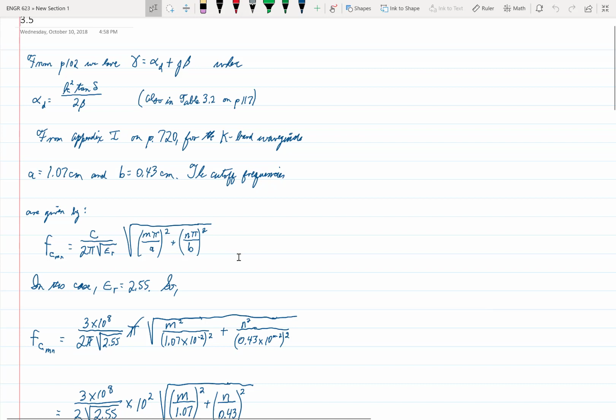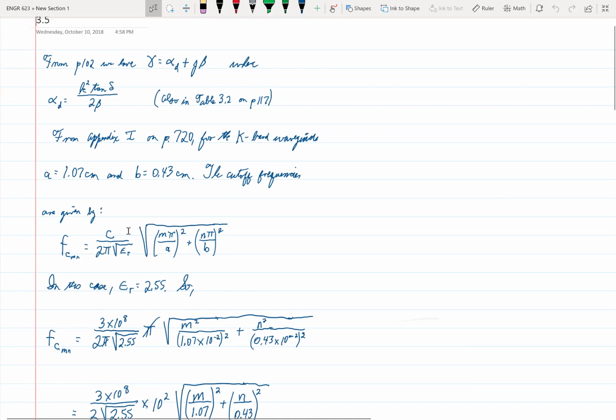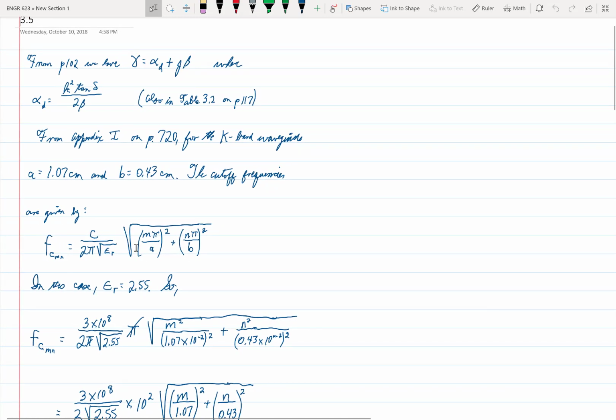I just wanted to note one last thing. This expression here for the cutoff frequencies as a function of m and n is the same for the TE and TM modes of the waveguide.